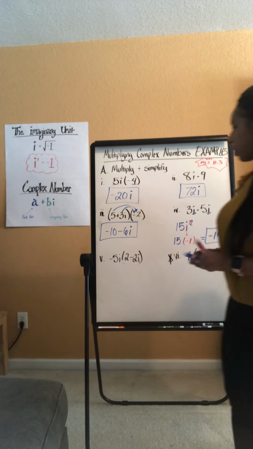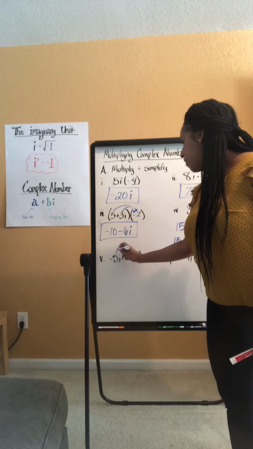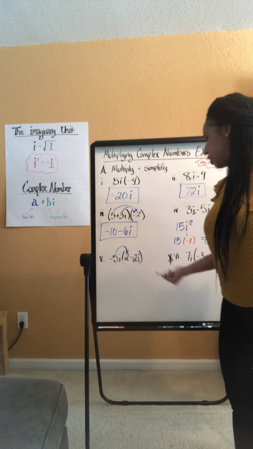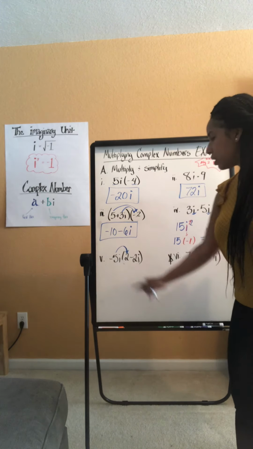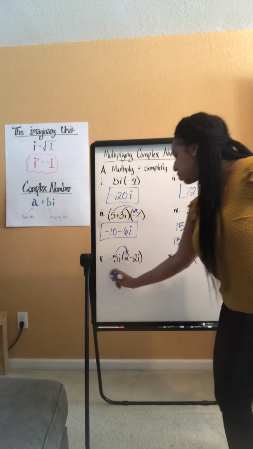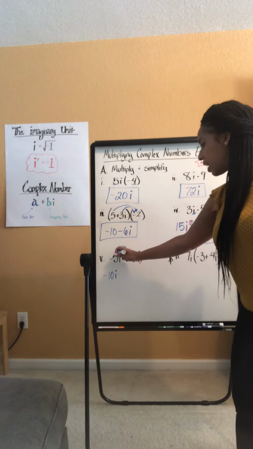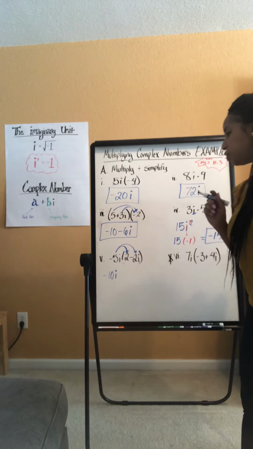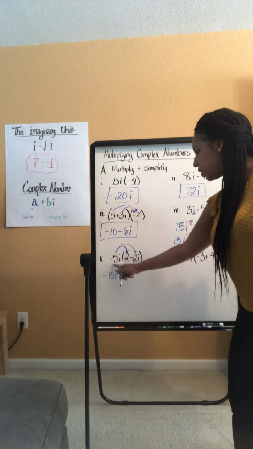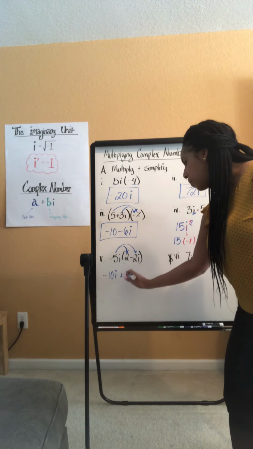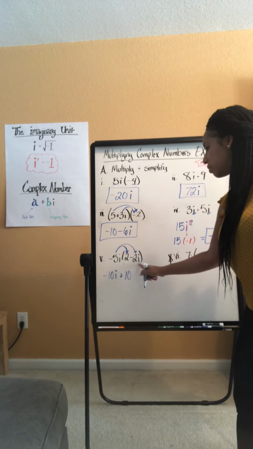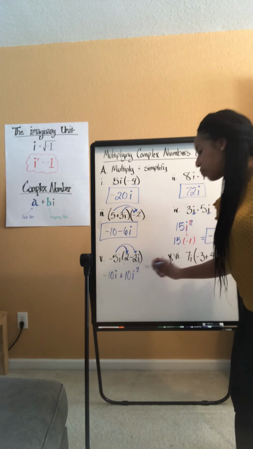Okay, let's try one more in example A. -5i times 2 minus 2i. I'm just going to distribute here. The -5i times the 2 gives me -10i. And the -5i times the -2i: the double negatives, -5 times -2, is going to be +10, and the i times i would be an i squared.